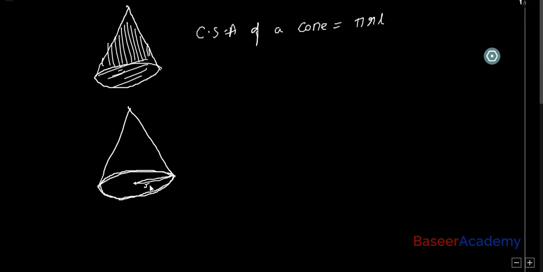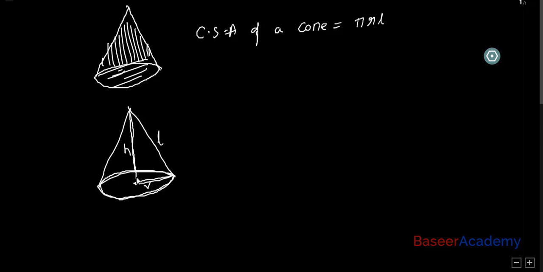Let us say the radius of the base is r, and the height of the cone is h. This line here is known as the slant height, and the slant height is represented by L.